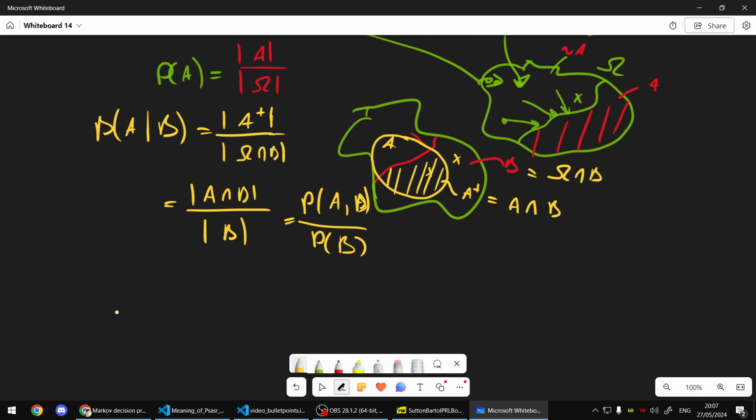Or you can rewrite this expression in the form of the chain rule. It means that A and B are satisfied if we first filter the space by B, and then in a sense we analyze all the A's on this filtered space.